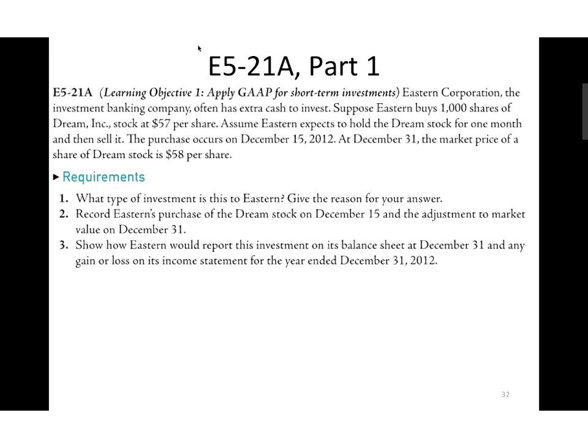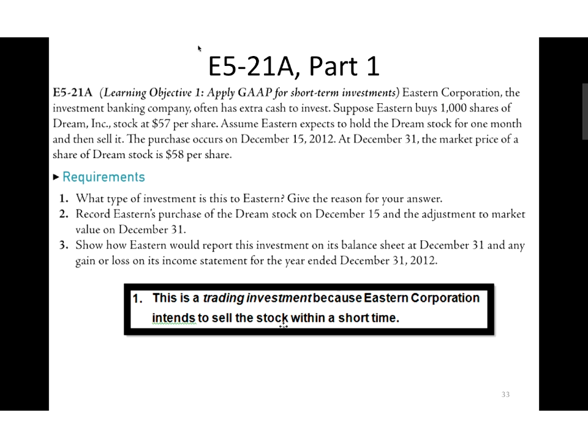The choice then is trading securities or available for sale. Trading securities we expect to sell very soon, and that would suit this. So we'll call this a trading security or trading investment because they intend to sell the stock within a short time.